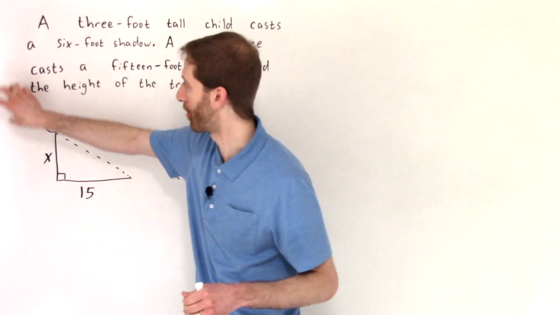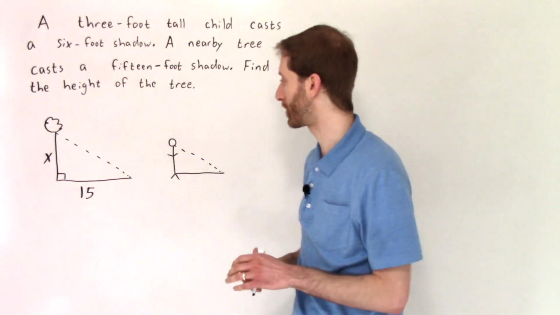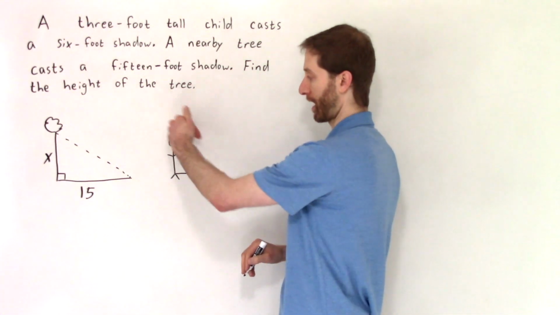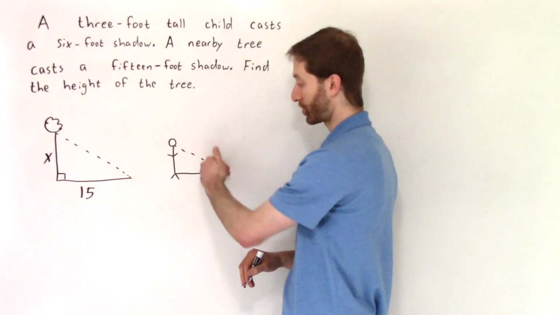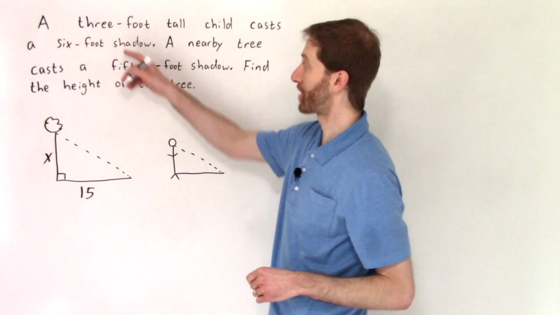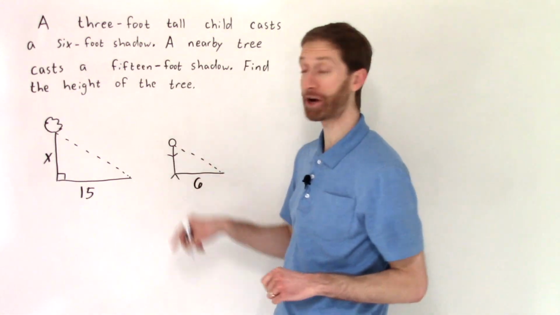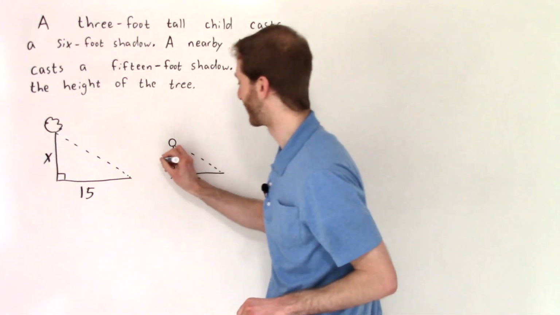So it's like the sun over here is beaming down on that tree. Very nearby, the sun's going to be hitting a child's top of the head and causing a shadow to be formed over here. And we're told that that shadow is 6 feet. We are also told that the height of that child, which is terribly drawn, is 3.